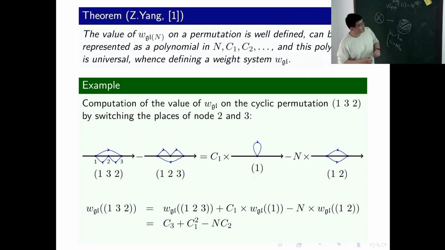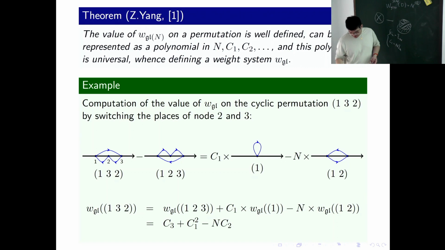So now I'm showing the computation of the value of the weight system on the cyclic permutation 1, 3, 2. So you get permutation 1, 3, 2, and you just switch the two endpoints, this 2 and 3. So you get permutation 1, 2, 3.